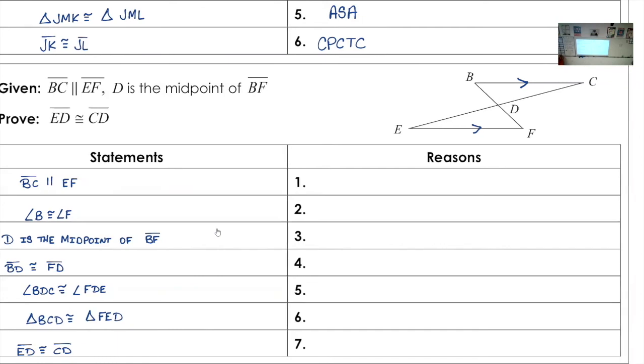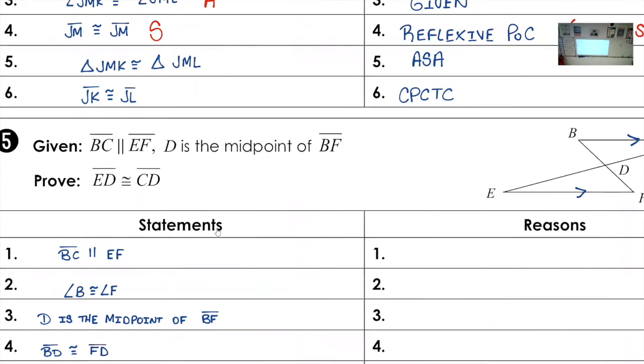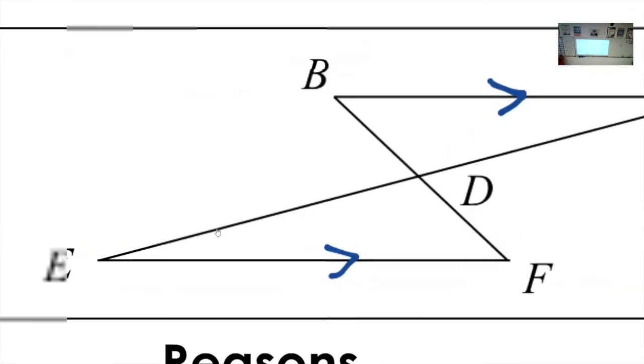All right, well, let's find out as we work through. And then D is the midpoint of BF. What does it mean for D to be the midpoint of BF? That means that BD is congruent to FD.